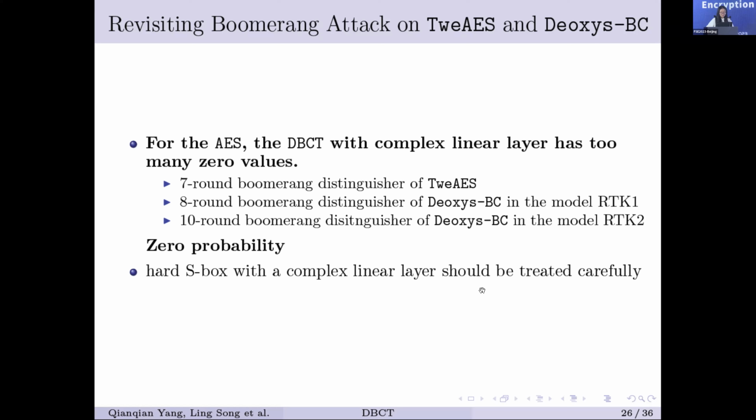We found that 3 distinguishers of them have 0 probability. So a hard S-box with a complex linear layer should be treated carefully.